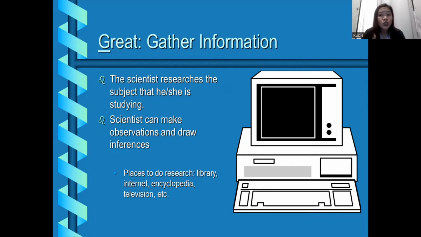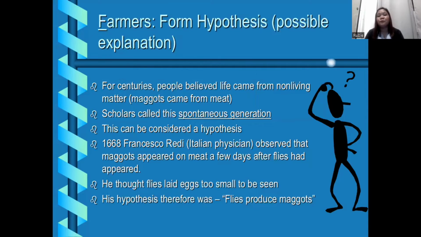Nate, do you know where to conduct research? Yes, that's right. We can conduct research in the library, on the internet, on television, and many more. We can also read journals. We have online journals, published journals, and many more. So that's gather information.